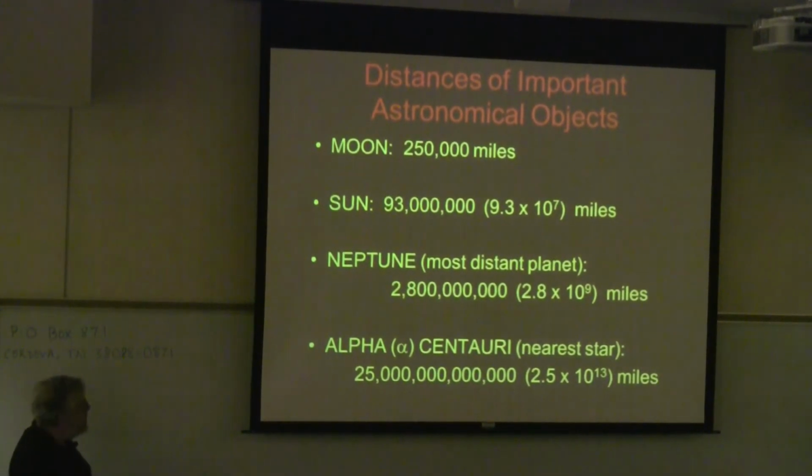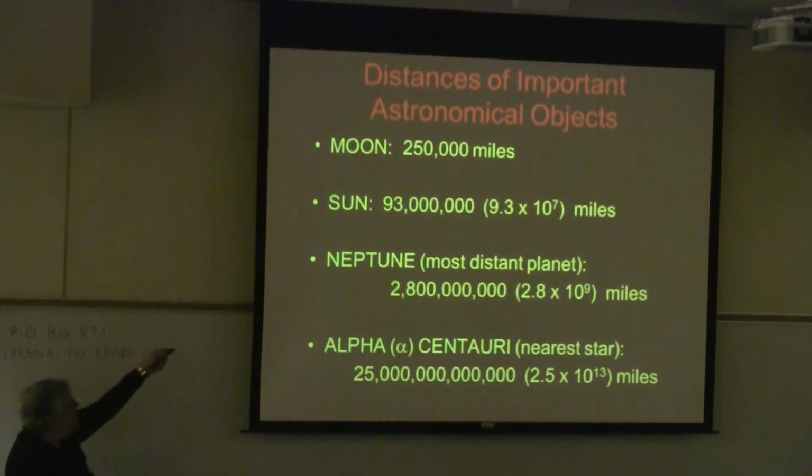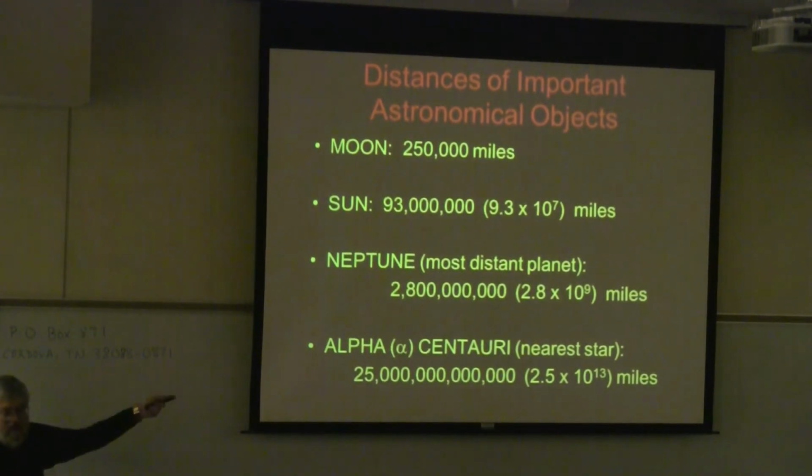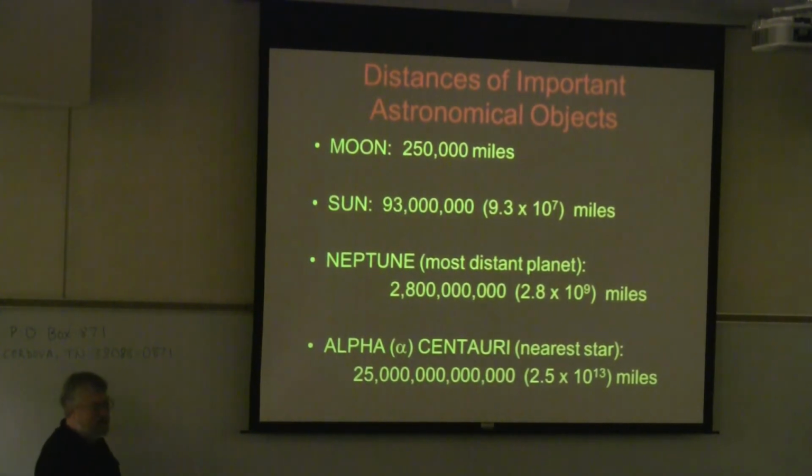Distances to a few of these things. The Moon, our nearest neighbor in space, 250,000 miles away. The Sun, nearly 400 times that far away, 93 million miles, just under 100 million miles away. Neptune, now the most distant planet.